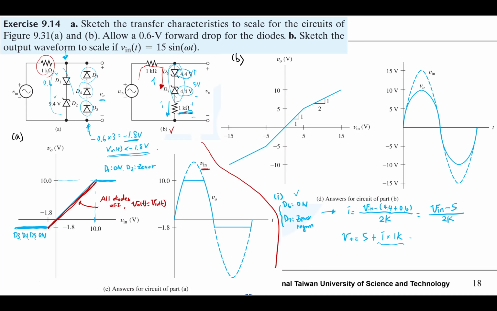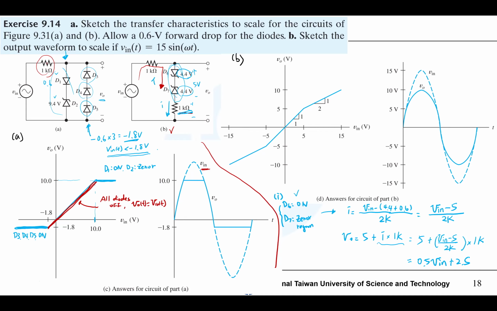So we have 5 plus V in minus 5 divided by 2K times 1K, which is 0.5 V in plus 2.5.